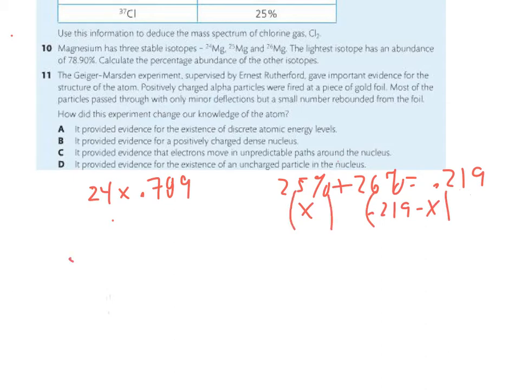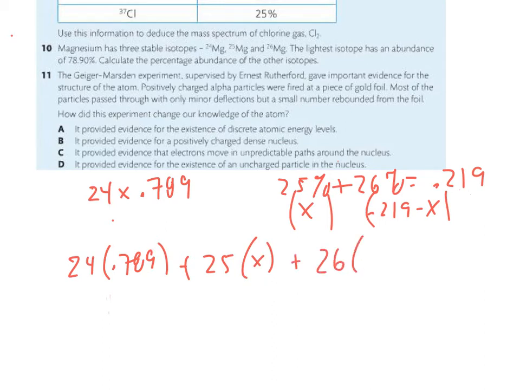So I've got 24 times 0.789 plus I've got isotope with a mass of 25 times X, and finally an isotope with a mass of 26 times 0.219 minus X. And then I know that's going to be equal to 24.31 because that's the listed atomic mass for magnesium on the periodic table.